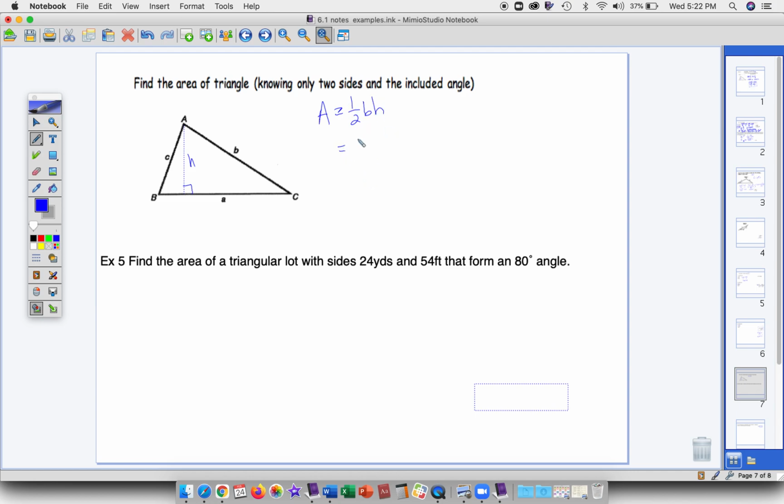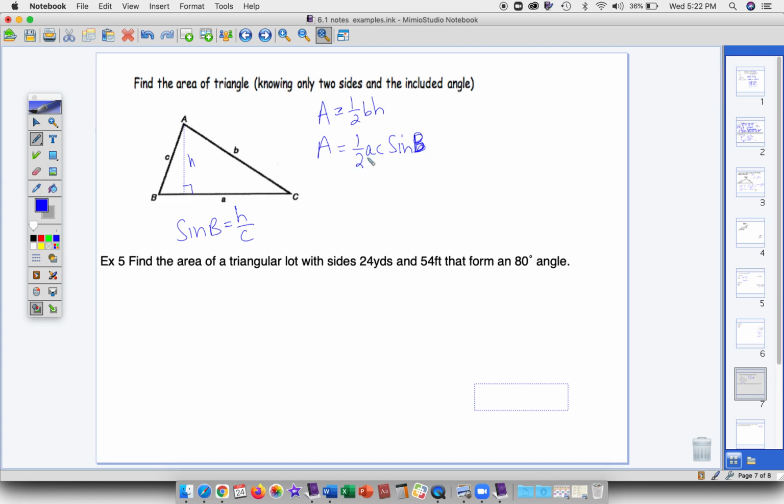In this case, the base is A, so it's 1/2 A. And I'm going to come up with an expression for H. Let's see, I think I will use the sine of B. So the sine of B is equal to H over C, which means C sine B is equal to H. So I'm going to substitute that in. So it's C sine B. Whoops, capital B. And there's my new area formula.